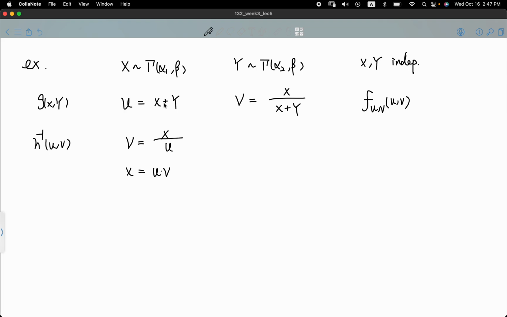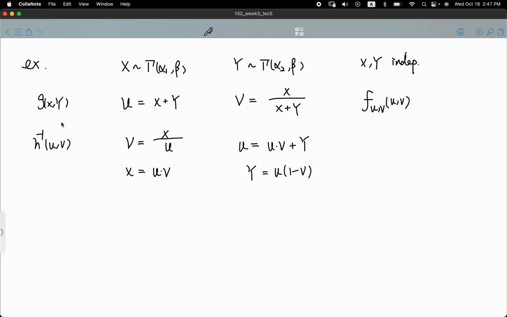And then for y, we can get it in the following way. u is equal to x plus y, and x can be written as u multiplied by v, so we only have one y, and we can rewrite y as u multiplied by 1 minus v. Okay, so this is your h1 inverse in terms of u and v. As you input u and v, you should get x. Here is your h2. You input u and v, you should get your y.